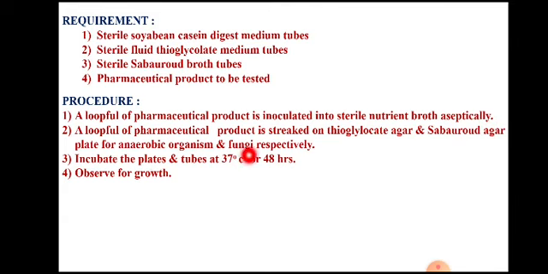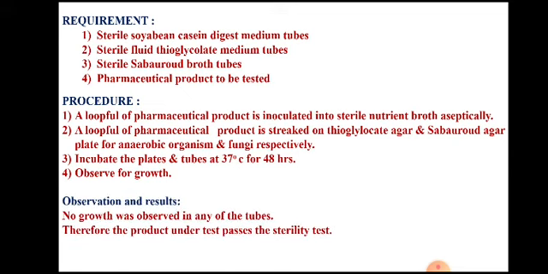All these tubes are incubated to allow the growth of aerobes, anaerobes, and fungi for 48 hours at 35 to 37 degrees Celsius, and following 48 hours these tubes are observed for growth.